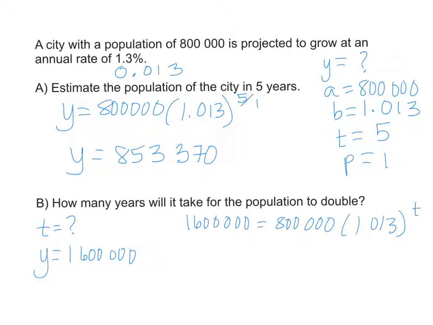So I'm just going to do that. Put the 1.6 million in for y and leave the t as a t because that's what we're solving for. Divide by 800,000, so you get 2 is equal to 1.013 to the power of t.